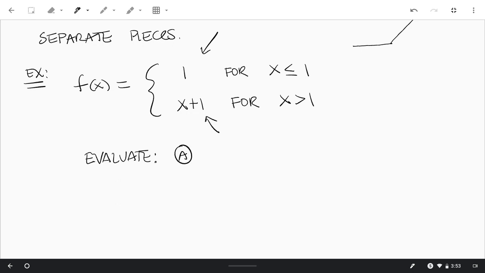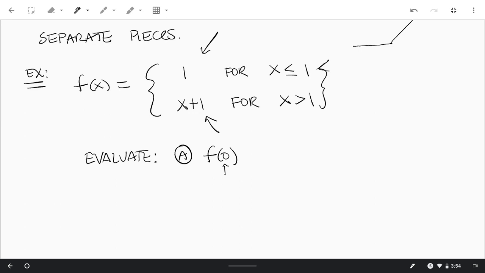Okay. So let's take a look at evaluating. Let's use f. Let's find out f of 0. So we take a look at this x value, 0, and then we decide which of these two it falls in. Is 0 an x value that's less than or equal to 1, or is 0 an x value that's more than 1? So clearly it's a number that's less than or equal to 1.